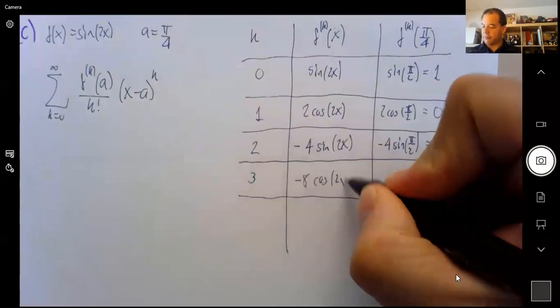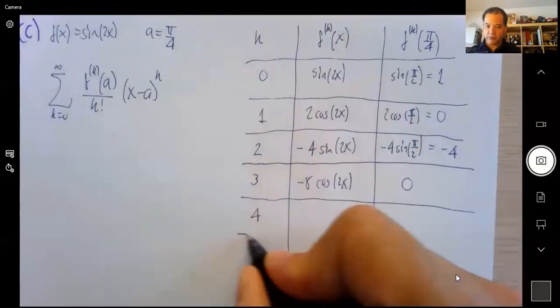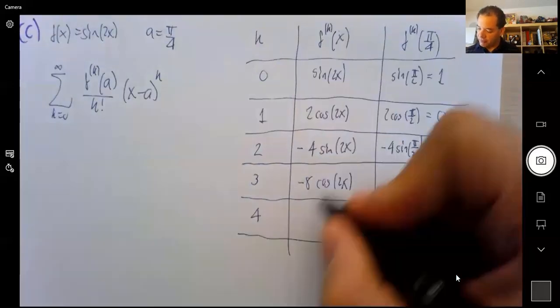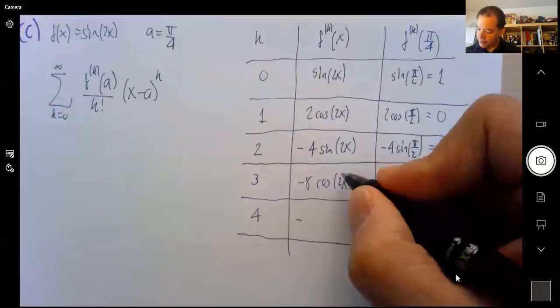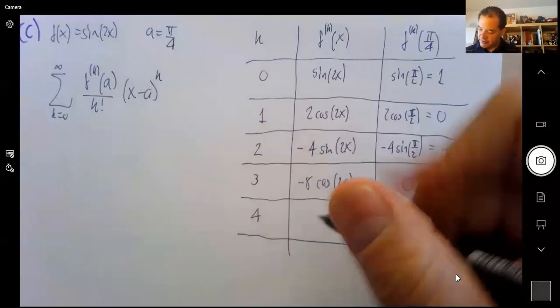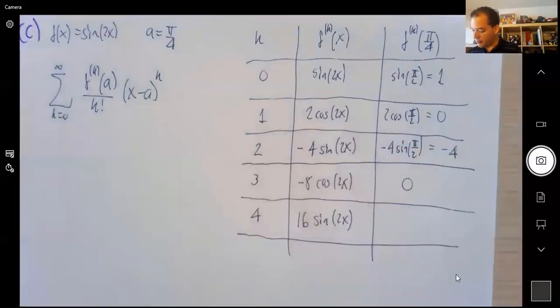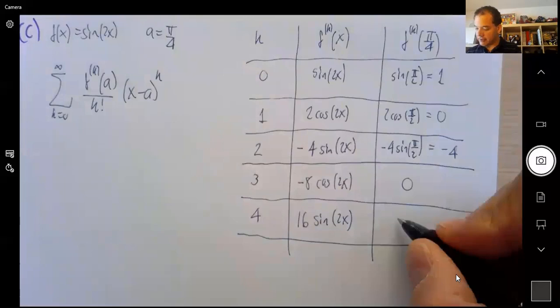It will be 0 because cosine of pi over 2 is 0, so that one doesn't count. We keep going. The fourth derivative: the derivative of cosine is negative sine, so this is now 16 sine 2x. When we plug in pi over 4, this is 16.